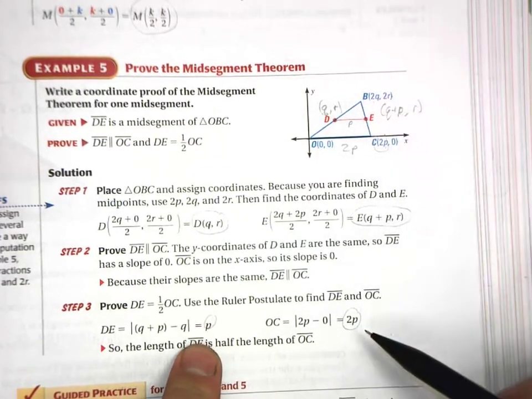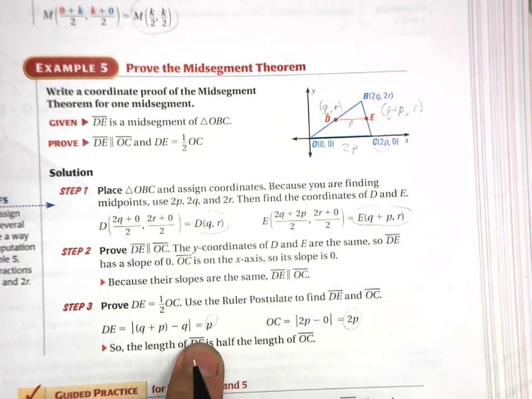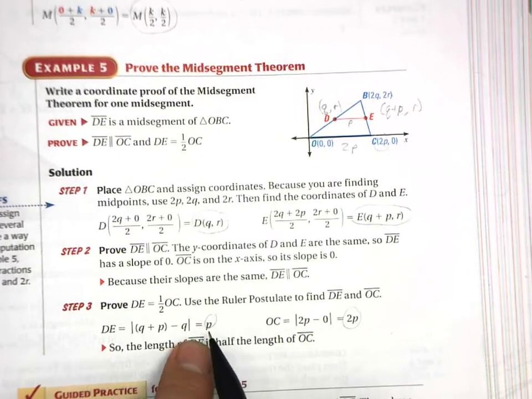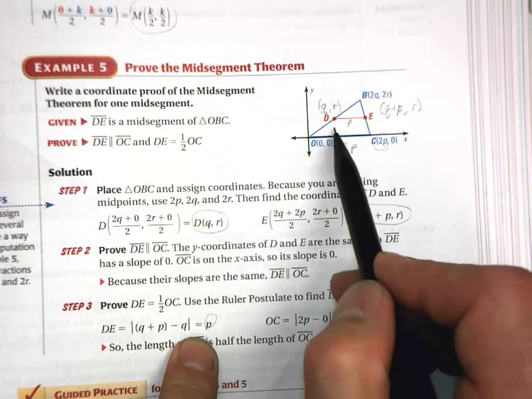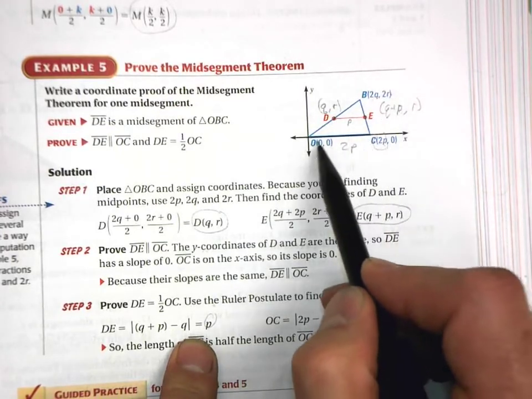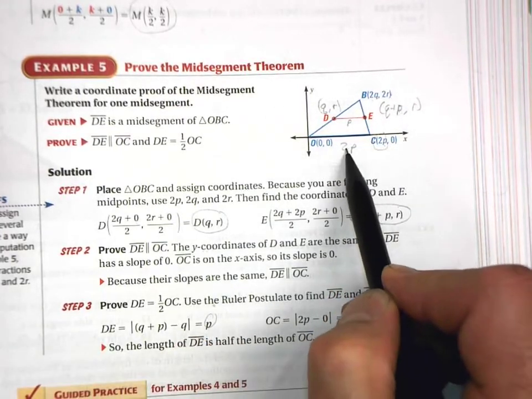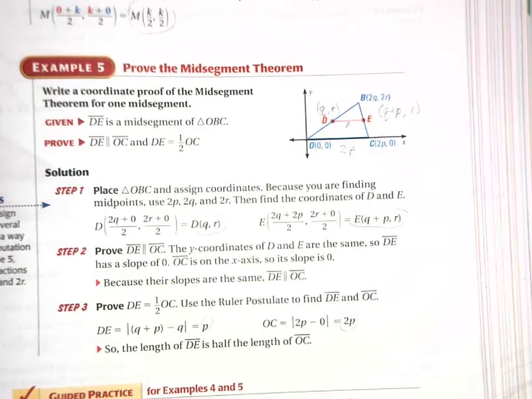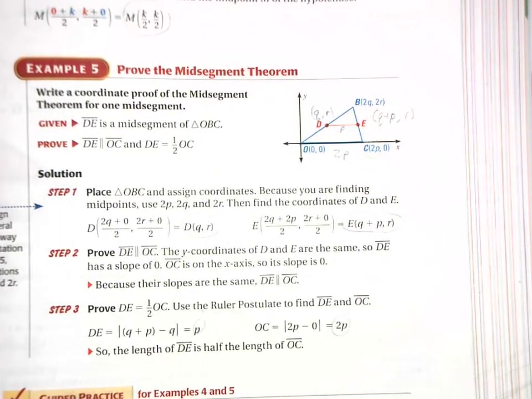Whatever the value of p is, the length of the third side will always be double the length of the mid-segment. So we have just proven the mid-segment theorem using coordinate proofs.